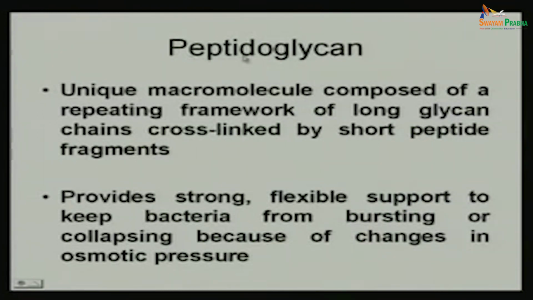If we see the structure of peptidoglycan, it is a unique macromolecule composed of a repeating fragment of long glycan chains cross-linked by short peptide fragments. As I have told, it provides strong flexible support to keep bacteria from bursting or collapsing because of the change of the osmotic pressure.